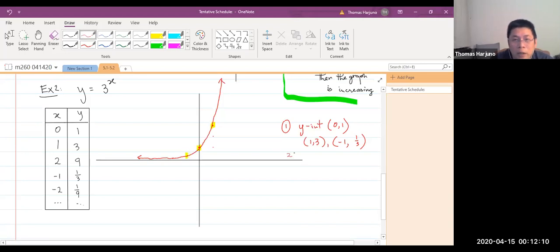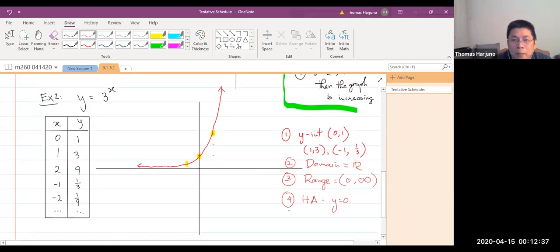Second, the domain is all real numbers, while the range is from 0 to infinity. Okay, and then horizontal asymptote, that's y equals 0. And part 5, because the base is greater than 1, then the function is increasing.